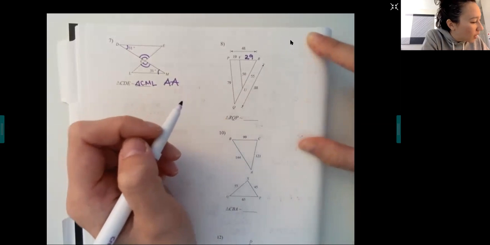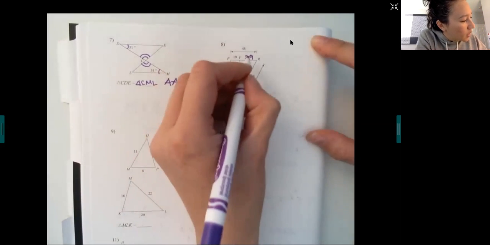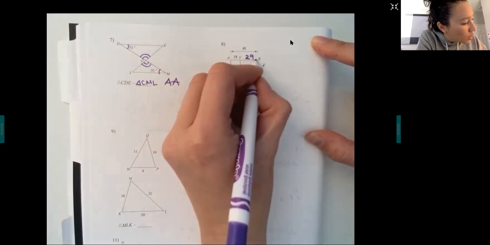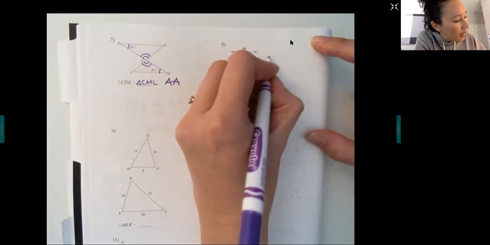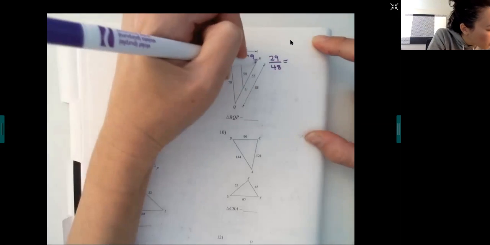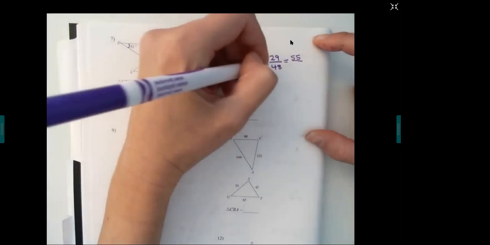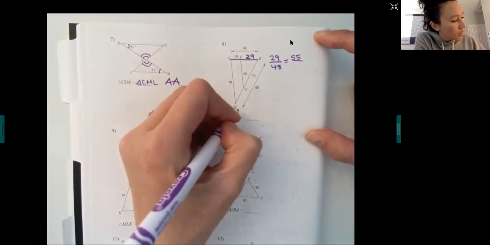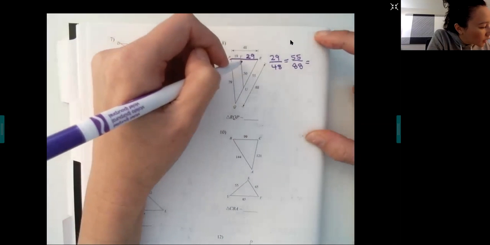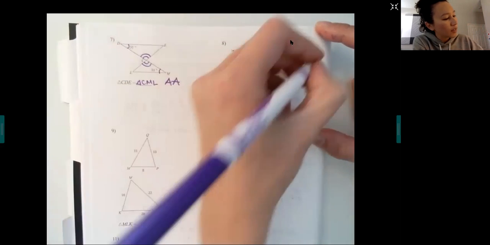So we just have to determine if all of them are proportional. So we have 29, which corresponds to the total side, which is 48, equals our small side, which is 55, over our long side, the whole side here, which is 88, would have to equal this side, which is 50 over 79.